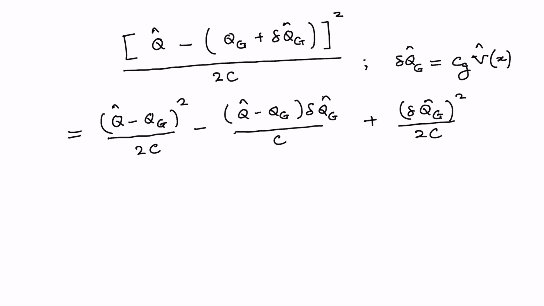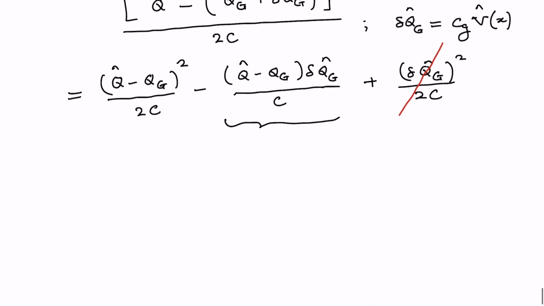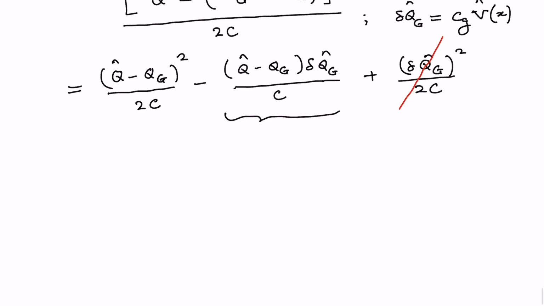Now this quantum fluctuation is very small, so therefore this particular term can be neglected. This is very small, so we can neglect it. And if you look at this particular term here, the voltage is entering into the Hamiltonian when we have expanded it, so we can easily make out that this is basically the interaction part of the Hamiltonian.